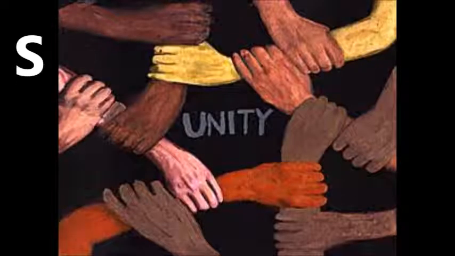The element of system denotes a complex unity composed of many diverse parts for the common purpose. Educators are involved not only in the academic or cognitive aspects of student development, but also in physical, emotional, social, and life orientation aspects.